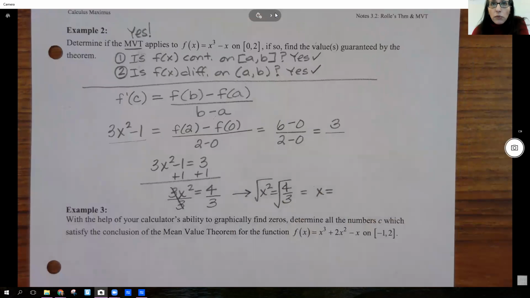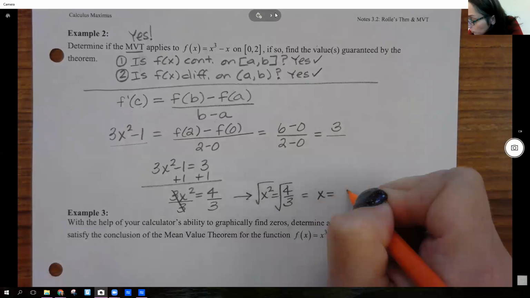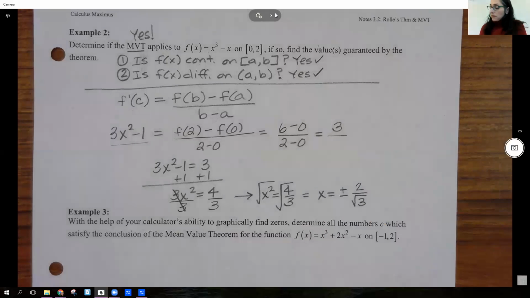Now, when you take a square root while solving an equation, you have to remember the plus and the minus. If you're graphing a square root, it's just the positive square root. But when you're solving an equation, you got to remember the plus minus. So this is going to be plus or minus 2 over root 3.